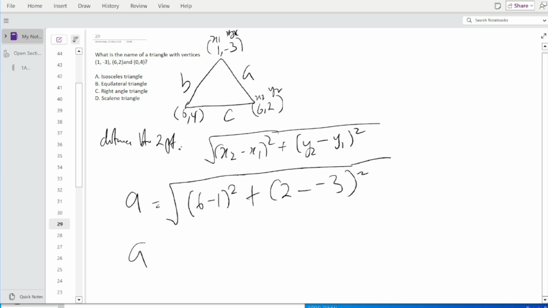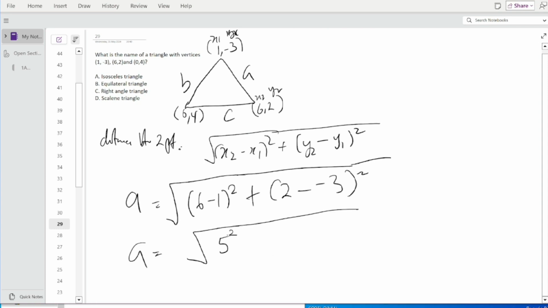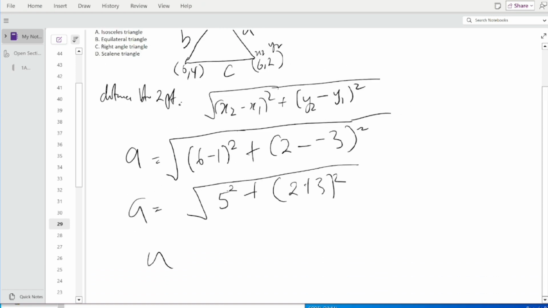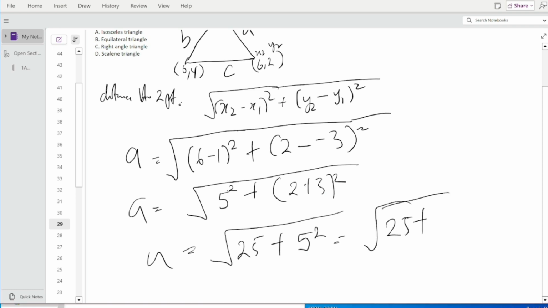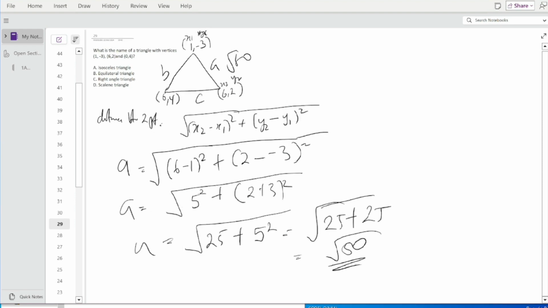Then we can solve this. A equals 6 minus 1 is 5 squared plus 2 plus 3 is 5 all squared. So A equals 5 squared is 25 plus 5 squared is 25. Our A is the square root of 50. You can leave it as the square root of 50.